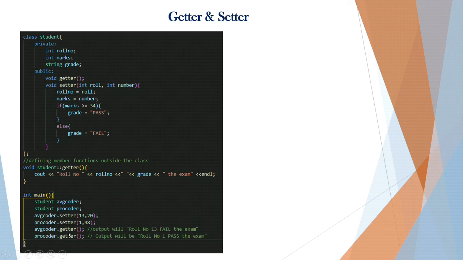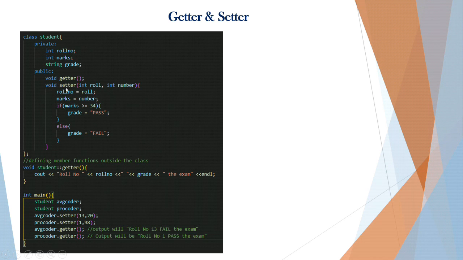Okay, so we are providing the values for average coder and pro coder. When we call the getter function, here we learn a new thing: we can also implement functions outside the class, and this is the way. First we give the return type, which here is void, then we write the name of the class in which the function lies.